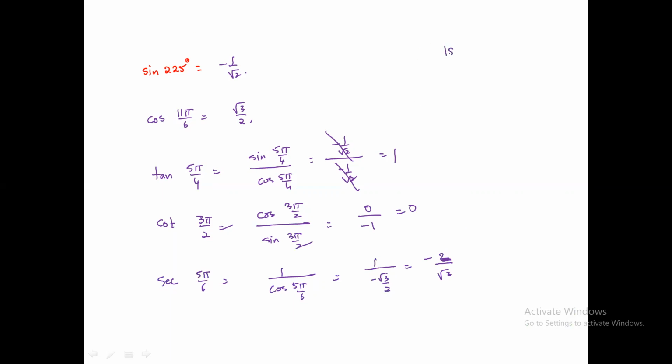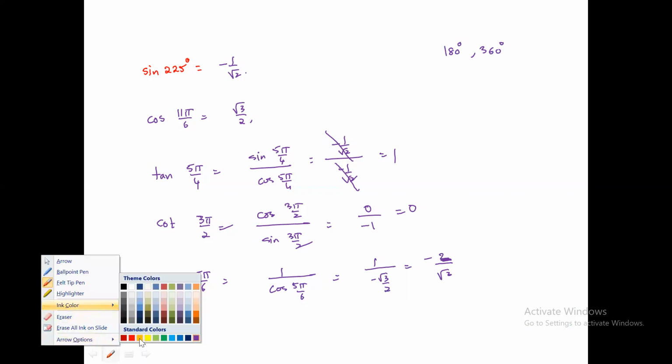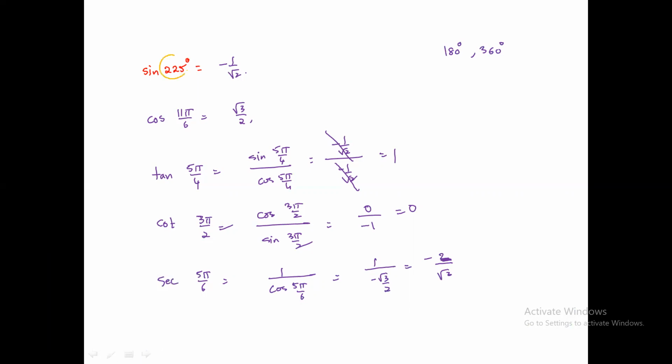Always you have to use 180 degrees or 360 degrees. For example, you have 225. First of all, which quadrant 225 degrees is in, you have to remember. 225 degrees is in the third quadrant. In the third quadrant, sine will be negative.